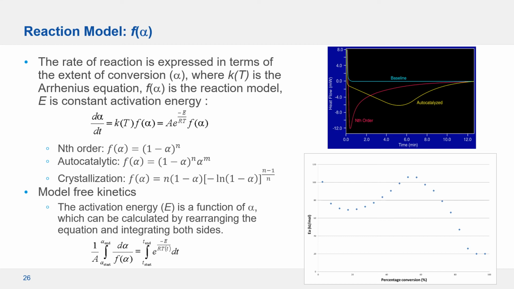This eliminates the need for assumption of a certain reaction model and makes it possible to obtain the apparent activation energy. This is a more sophisticated approach, and one can possibly relate the changing activation energy to condensed phase reaction phenomena such as diffusion, nucleation, and growth as a function of the extent of conversion. It provides more insight into the reaction mechanism.